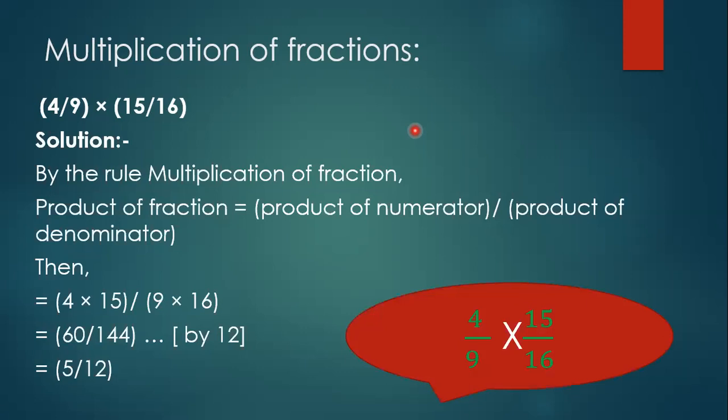See, how do I cancel out? I write the numbers 4 by 9 multiplied by 15 by 16. Children, always remember the rule of cancelling out.